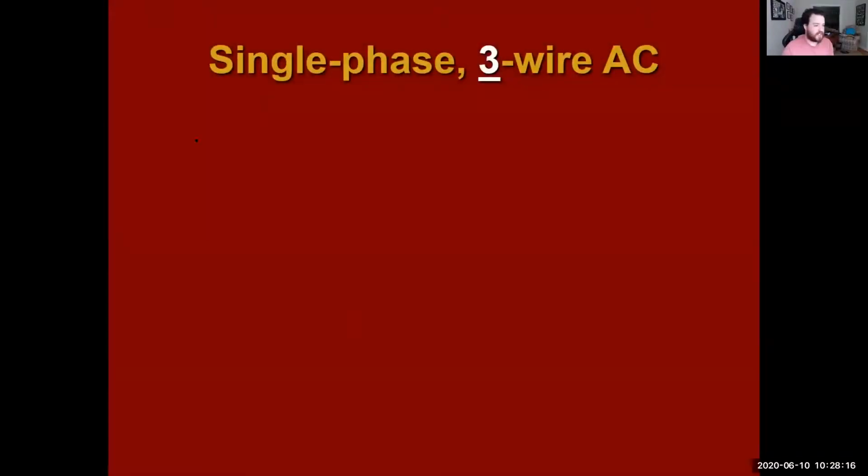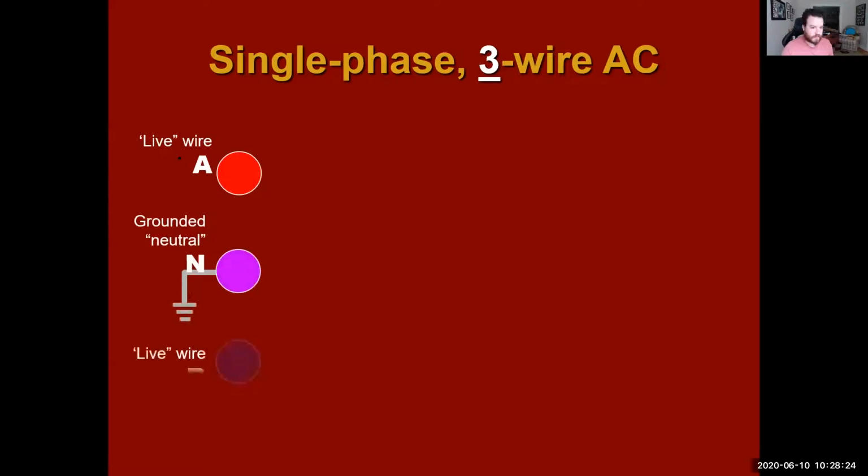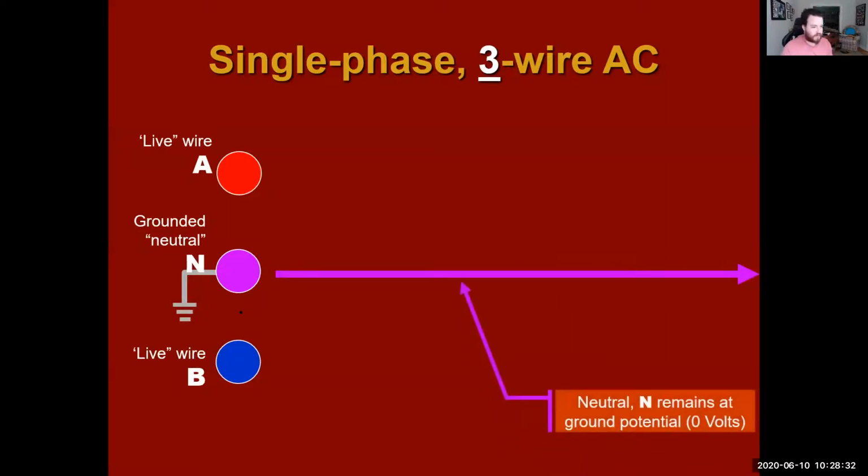So if we go to a single phase 3-wire system, what we would have here is 3 wires. We have live wire A, we have live wire B. We still have our ground or neutral. All right, so we still have 0 volts there.